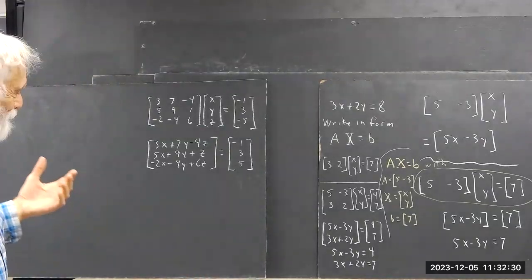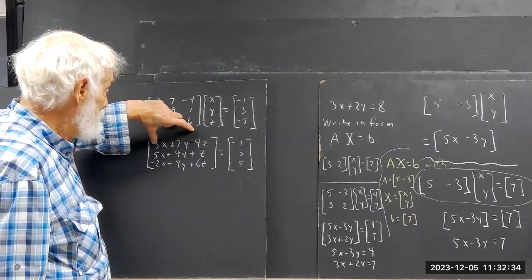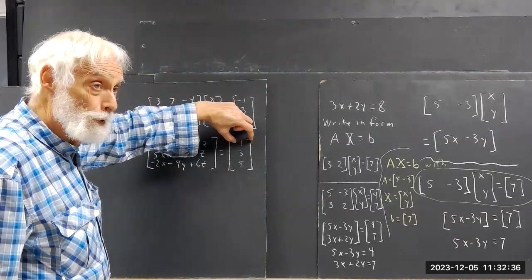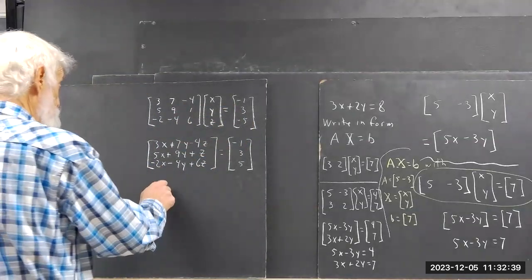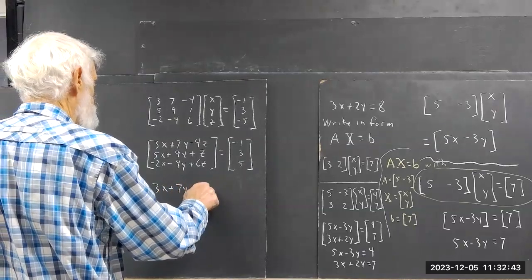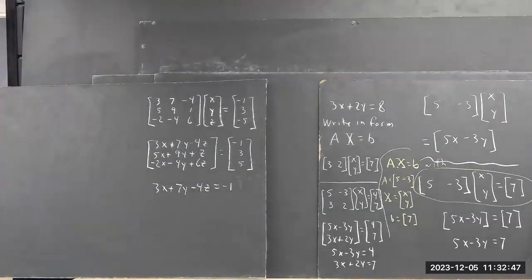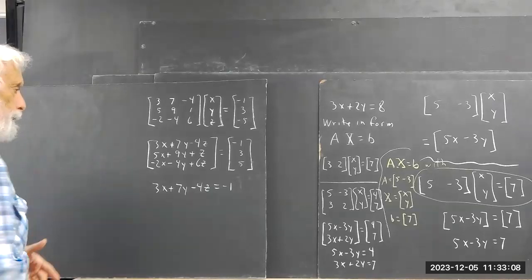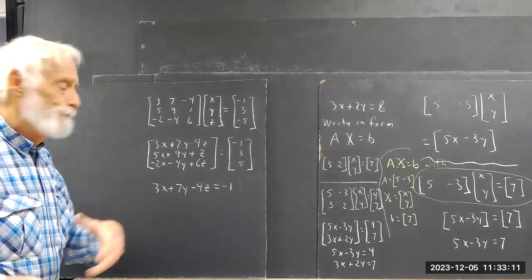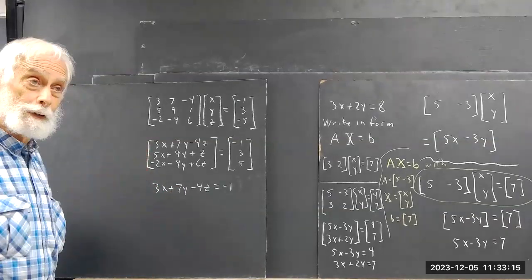Okay, so whatever's in the first row of this matrix has to equal whatever's in the first row of this matrix. So it's very simple, 3x plus 7y minus 4z has to equal negative 1. Okay, well, there it is. And now, as I was explaining this, everybody was already writing down the second and third equation.